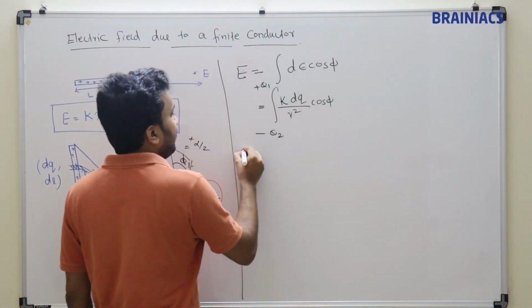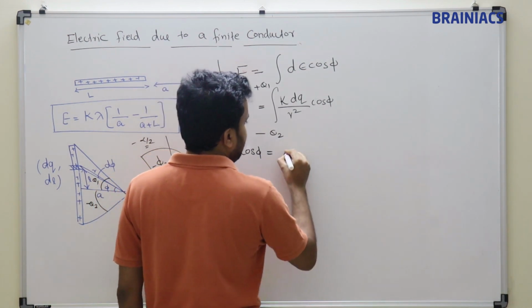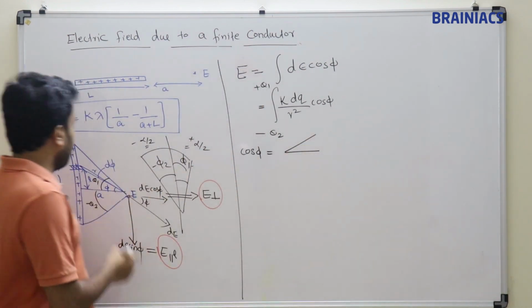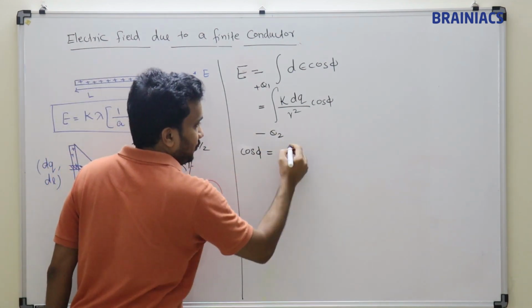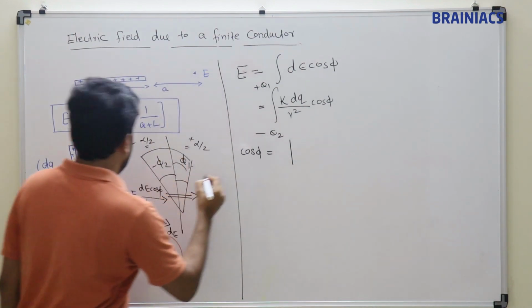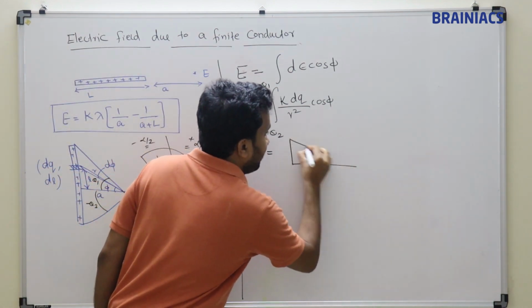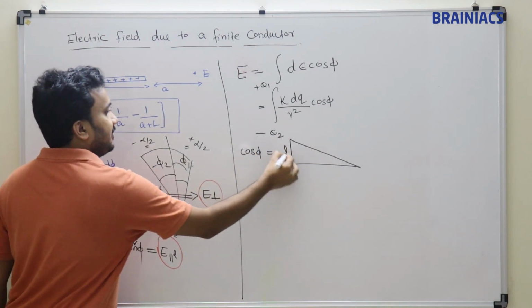To remove this R, I am taking a triangle. Here I am considering a small triangle. So this length is L and it is a right angle triangle like this. This length L is marked here.